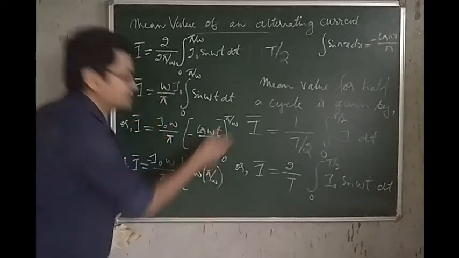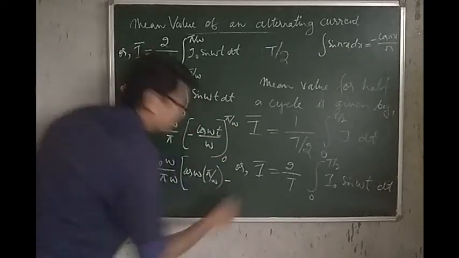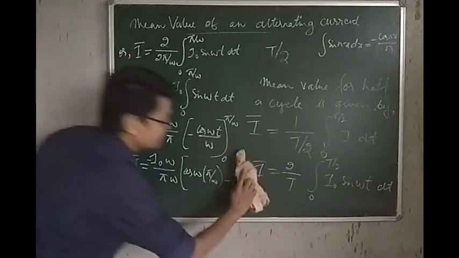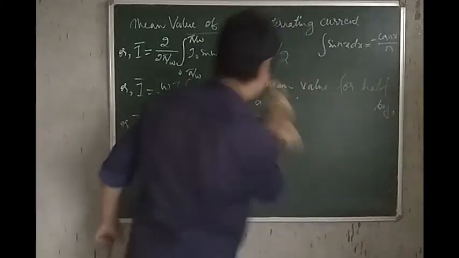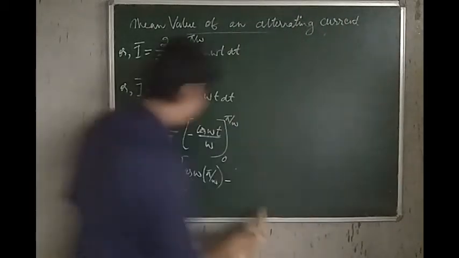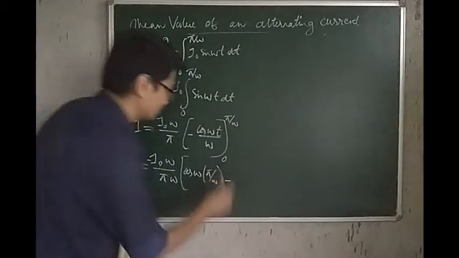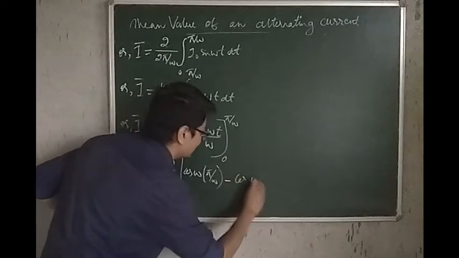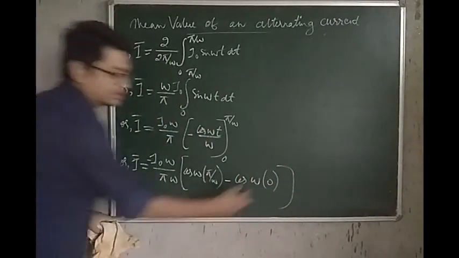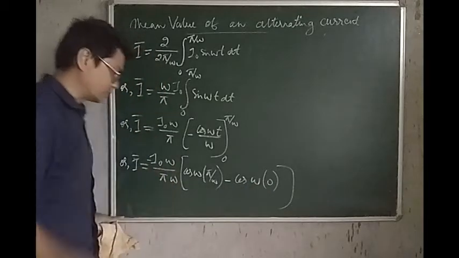First we substitute the upper value, minus, can I erase the other half? I'm erasing this half. I hope you've already copied that. So minus cos omega of 0, the lower value. Cos 0 is 1, don't forget.